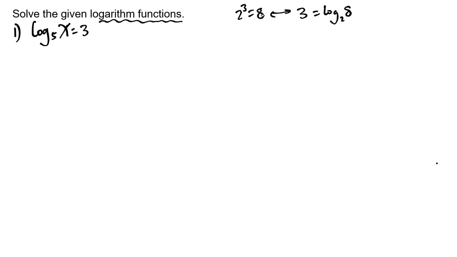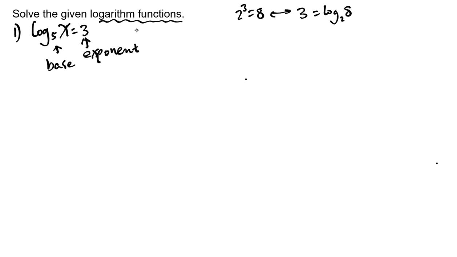Here we just use 2 and 3 to express 8. Here we use 2 and 8 to find 3. Okay? So here is the same thing. You know, 3 is the exponent of this base.